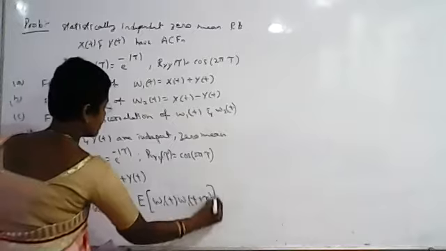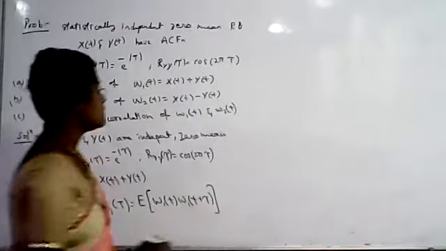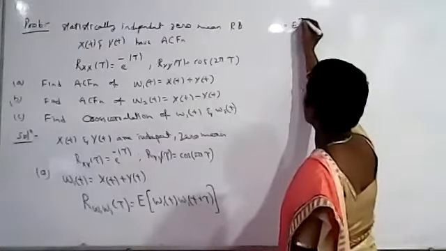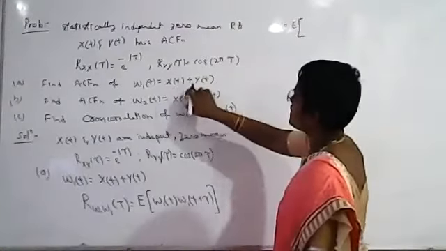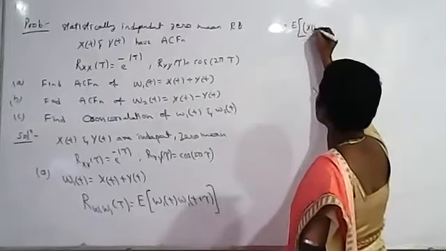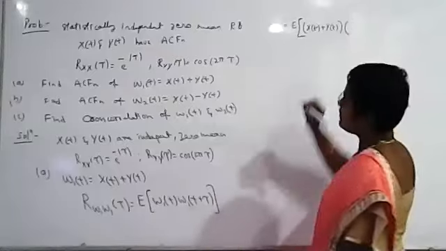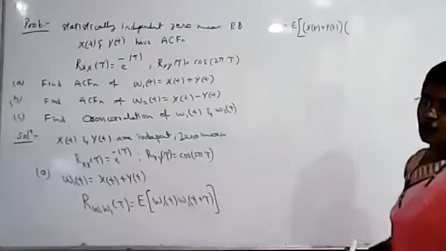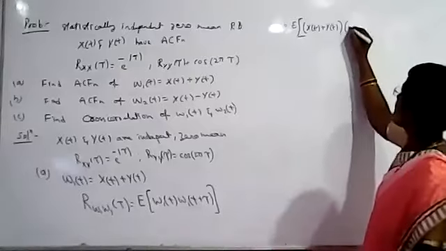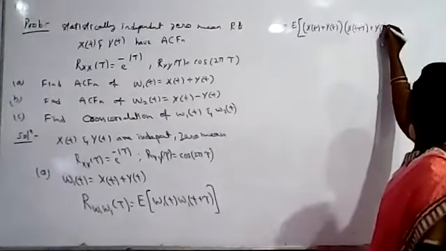Now substitute omega 1 of t, which is x of t plus y of t. Similarly, omega 1 of t plus tau, replacing t with t plus tau, can be written as x of t plus tau plus y of t plus tau.